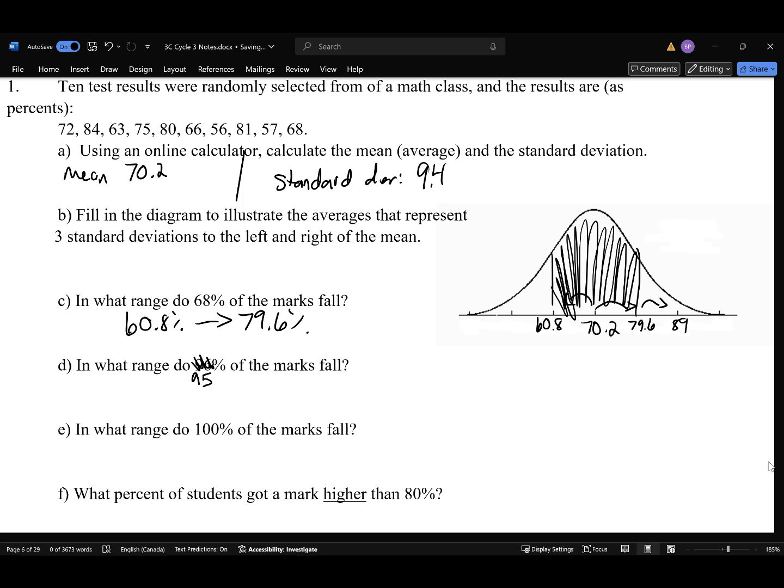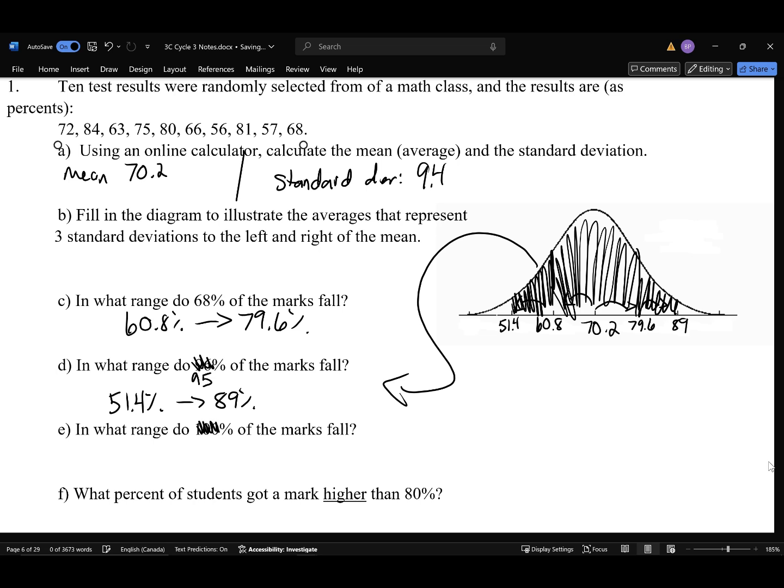Now from 60.8, I can head in the other direction, and again I'm subtracting our 9.4, and we're going to work with 51.4. So what this means is 2 standard deviations below and 2 standard deviations above, we're working with 95% of our data. That's from a range of 51.4% to 89% right here.